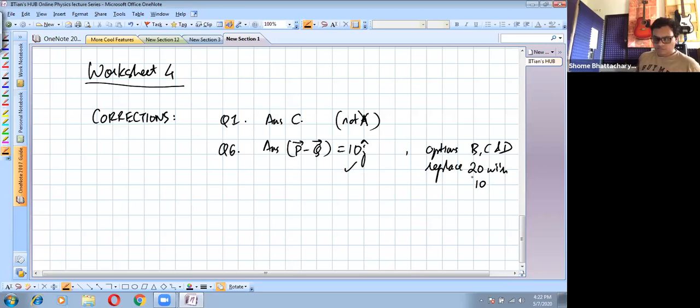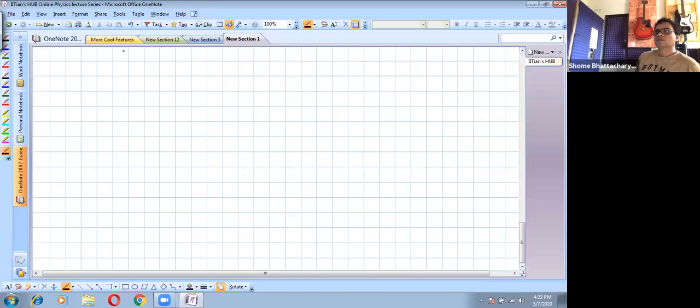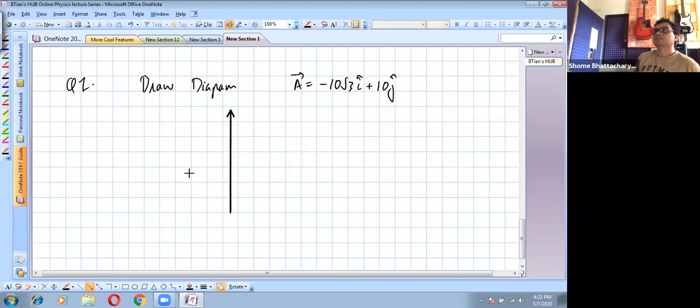Okay, now let's come to the questions themselves. I think question 1 you should be able to work out yourself. Just draw the diagram of the vector and it will be clear, or draw the vector in component form. So you can see the vector E, which is minus 10 root 3 i cap plus 10 j cap. With respect to your standard xy axis, this vector will now look like this.